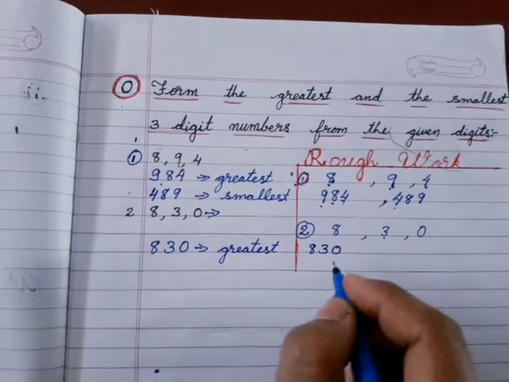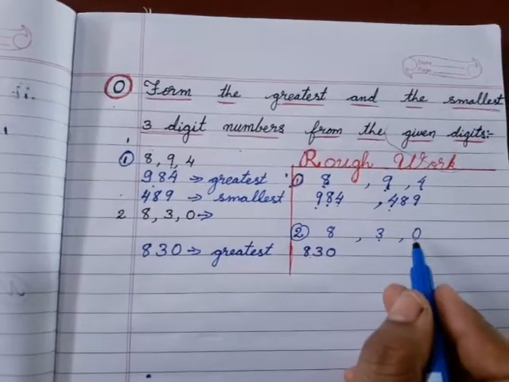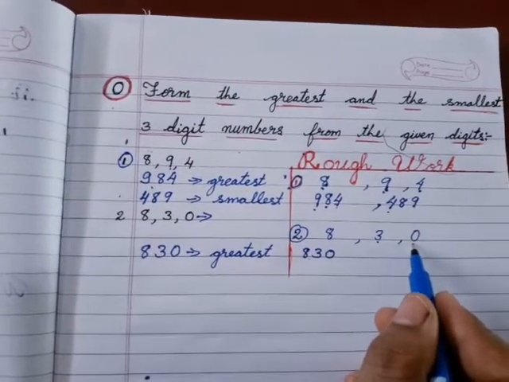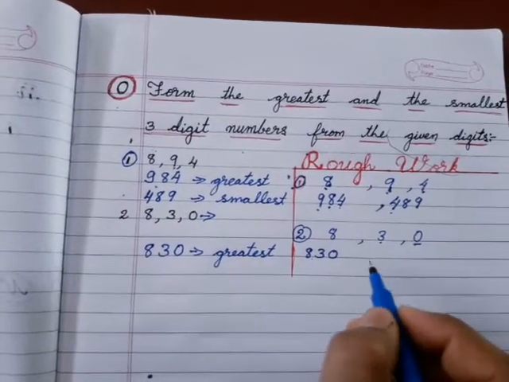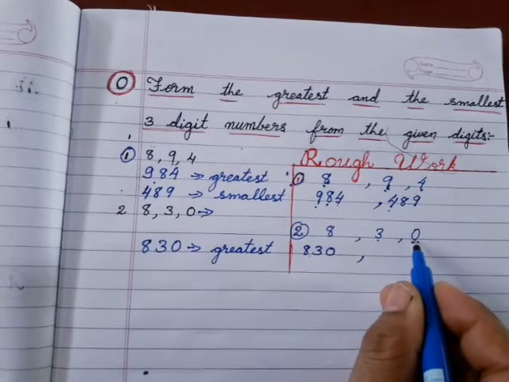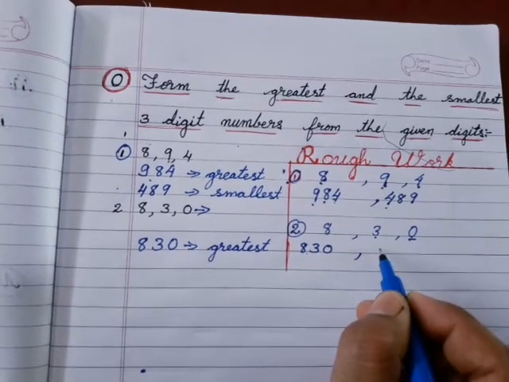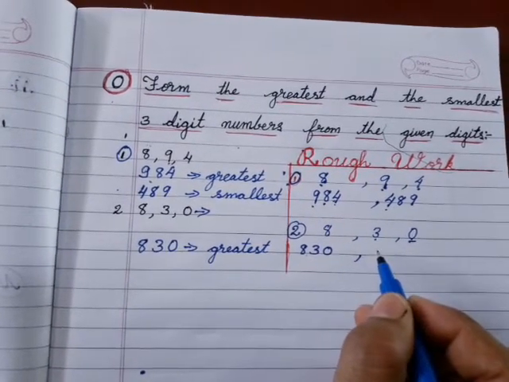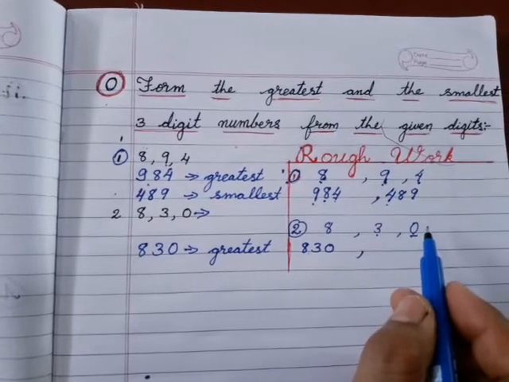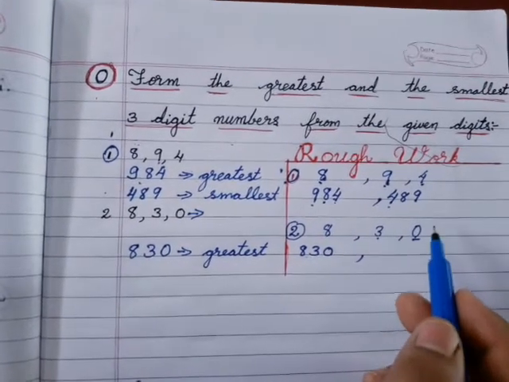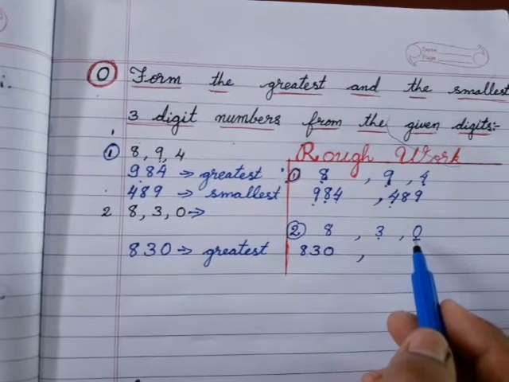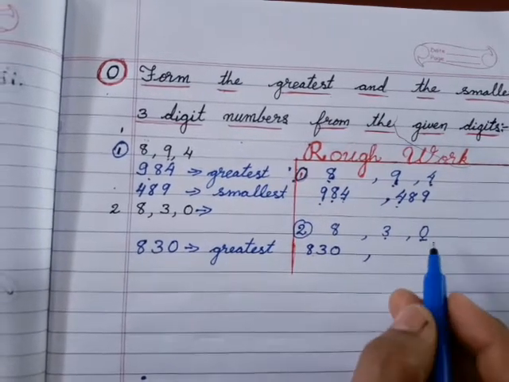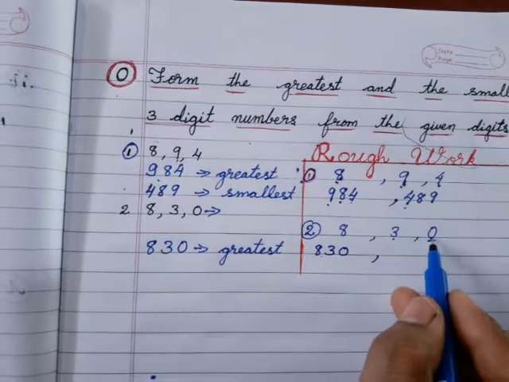Now the smallest. Here the digit 0 has no value, so you don't write 0 at the beginning of a number. If you write 0 at the beginning, it will not have any value.